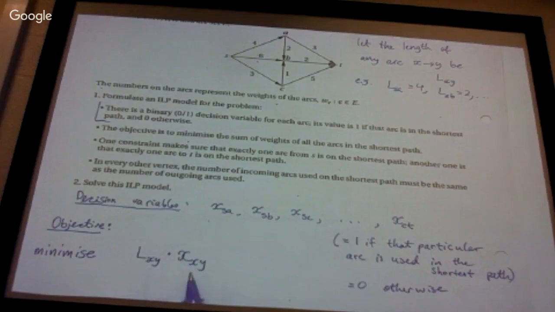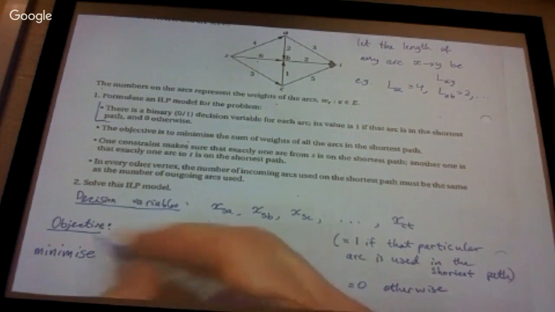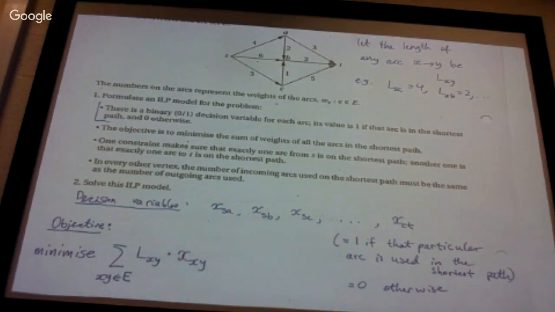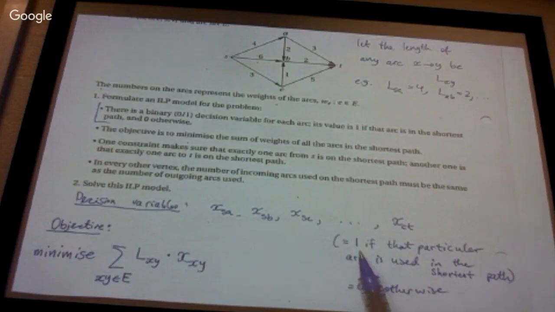For the variables where it's 0, you're not adding anything. If E is the set of all arcs, then this sum is going to give you the total length of the shortest path, if you have that they're exactly 1 on the shortest path and 0 elsewhere.